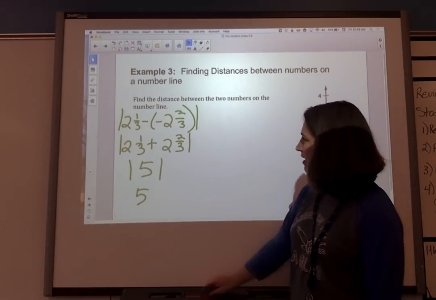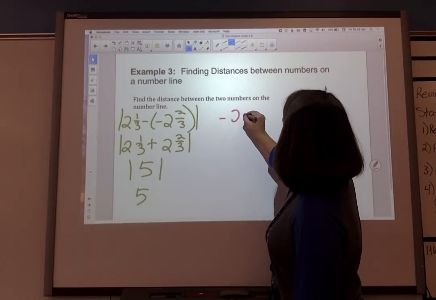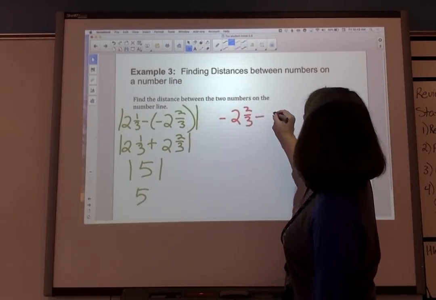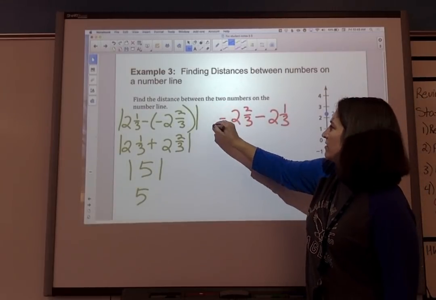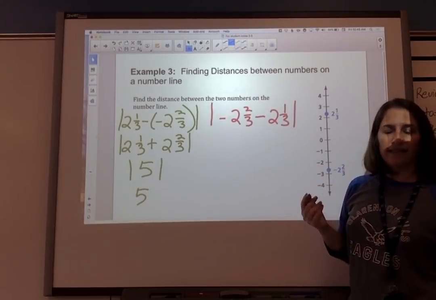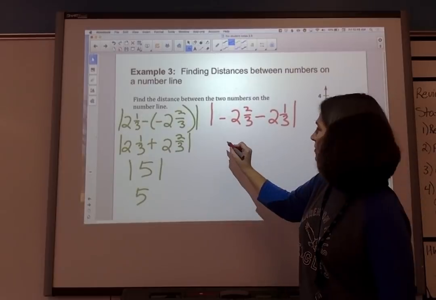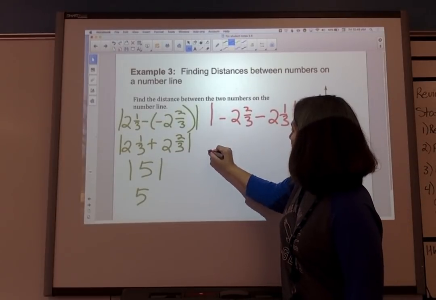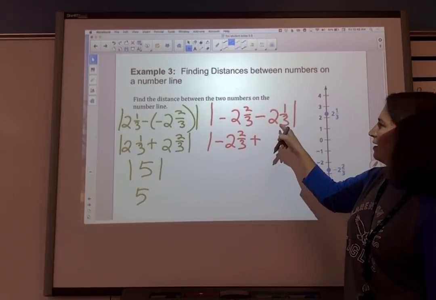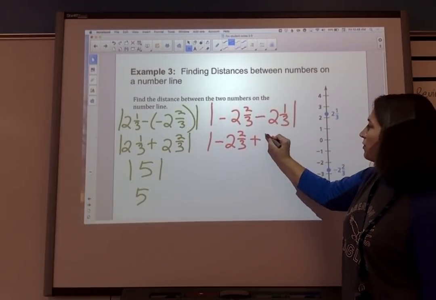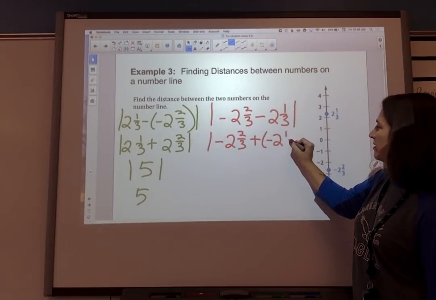Now I can go the other direction too and subtract negative 2 2/3 minus 2 1/3. I'll take the absolute value of this, and let's see if we get the same thing. Let's change it to an addition problem. So the absolute value of negative 2 2/3 plus the opposite of 2 1/3, which is negative 2 1/3.